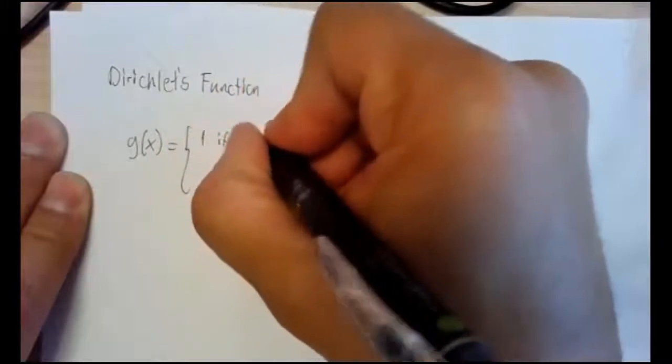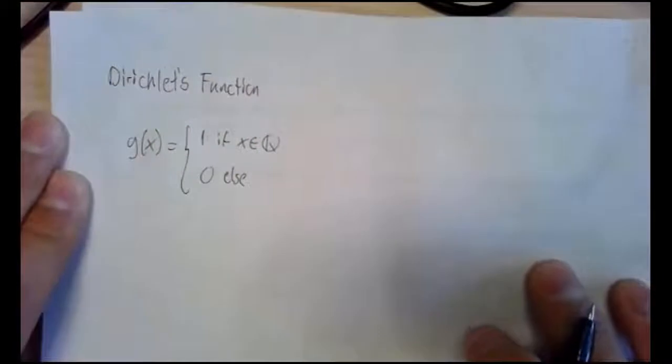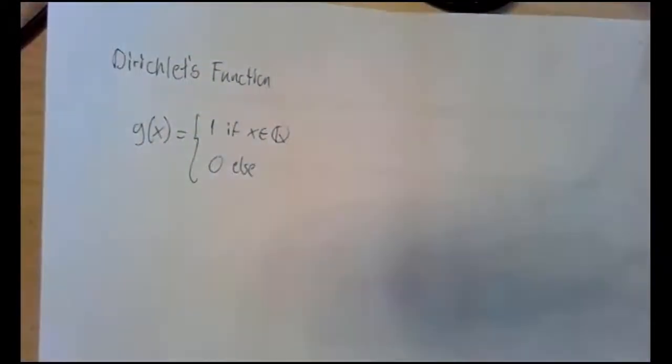And it's defined as g of x equals 1 if x is a rational number, 0 else. And then our question right now is if this function could be continuous, right? At any point, at any particular point, right? And for example, let's say, is it continuous at 1/2?